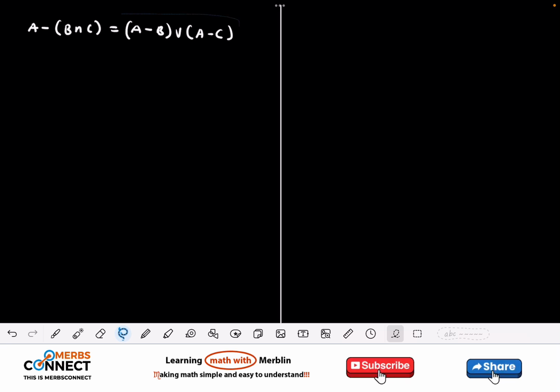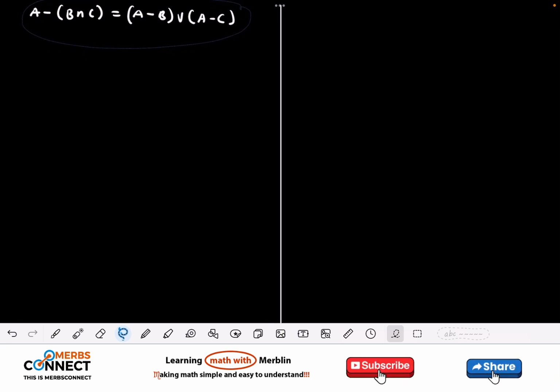I said in the previous video we did some examples, but you can go and try something like A minus B intersect C is the same as A minus B union A minus C. Good, so you can try this one. I'm just leaving it up top there.